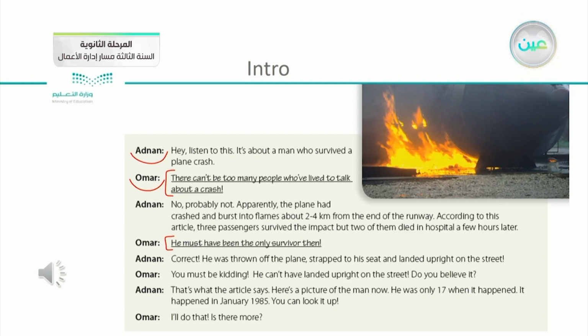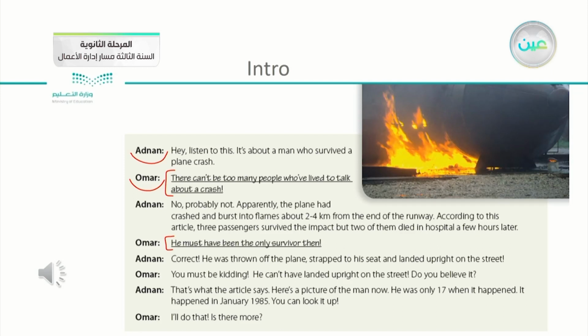Correct. He was thrown off the plane, strapped to his seat, and landed upright on the street. You must be kidding. He can't have landed upright on the street. Do you believe it? That's what the article says. Here's a picture of the man now. He was only 17 when it happened. It happened in January 1985. You can look it up. I'll do that. Is there more?